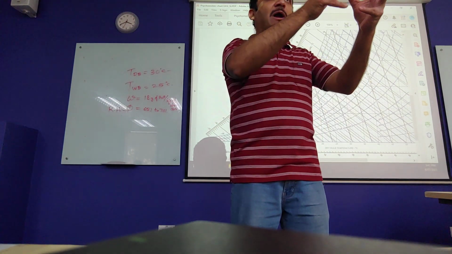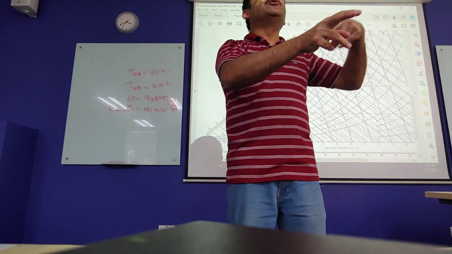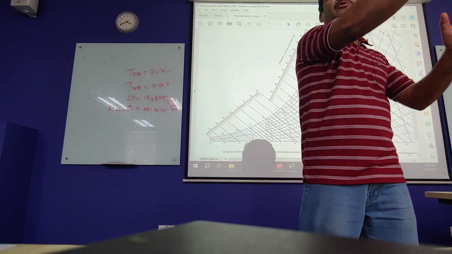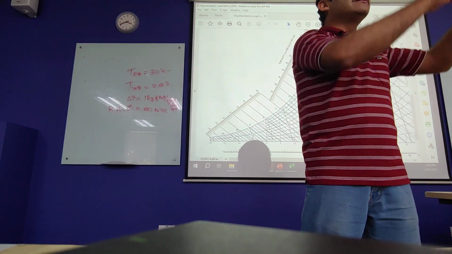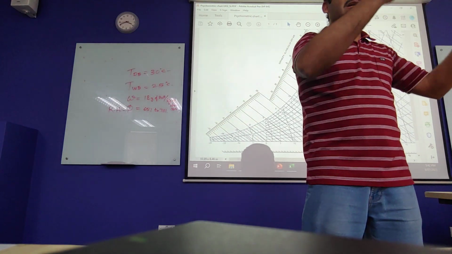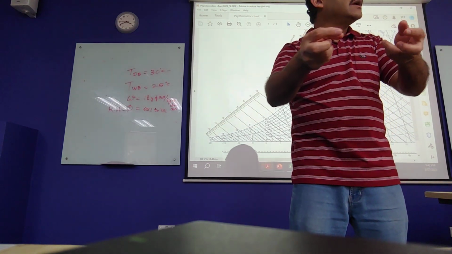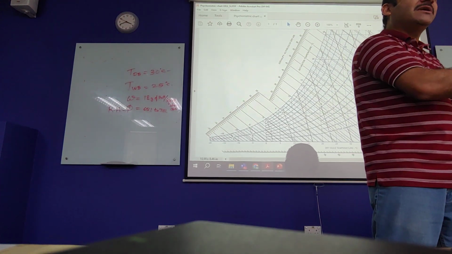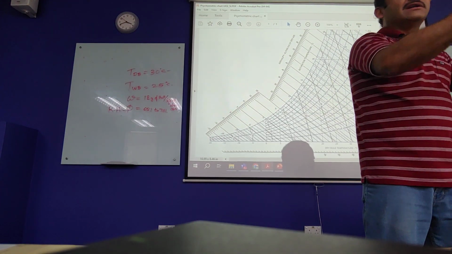Relative humidity has increased to 100%. Now you continue to cool it to 24. One degree cooler, condensation will start. You will get droplets, dewdrops. You cool it further and go to 20 degrees, you will get lots of condensation.